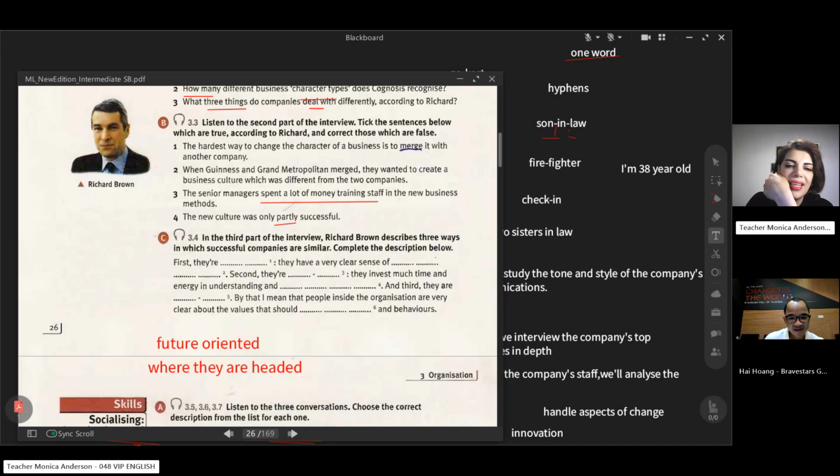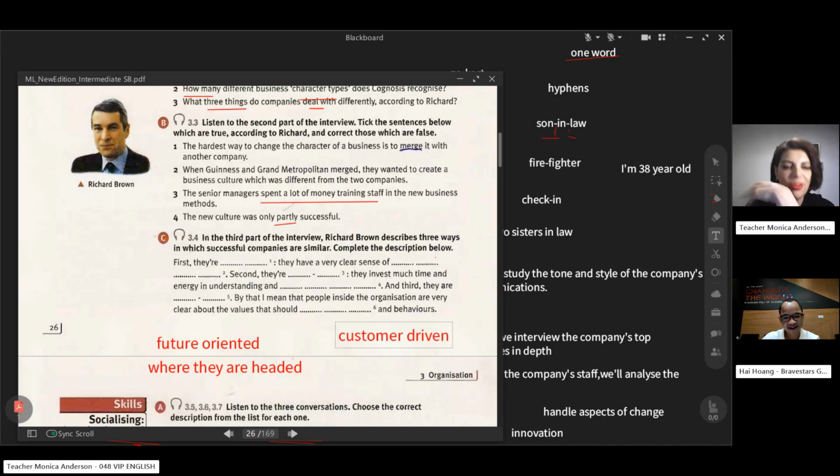Okay, about the second, listen. They're future-oriented. They have a very clear sense of where they're headed. Second, they're customer-driven.